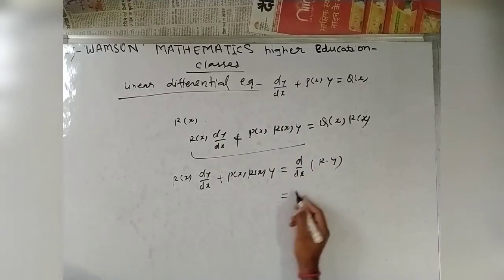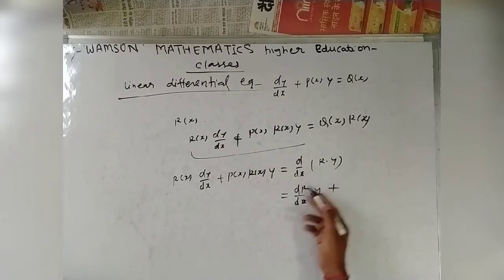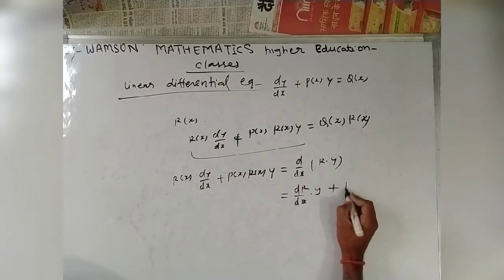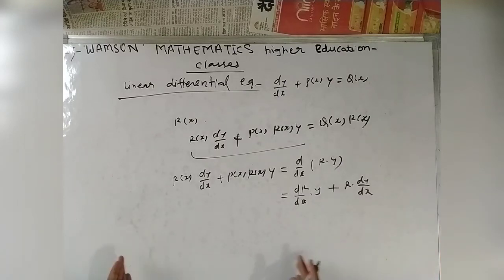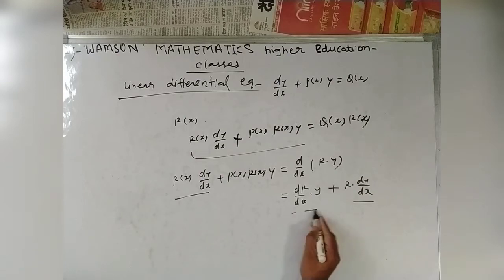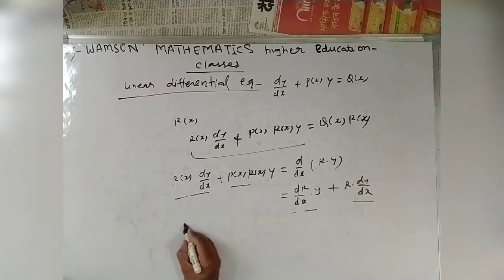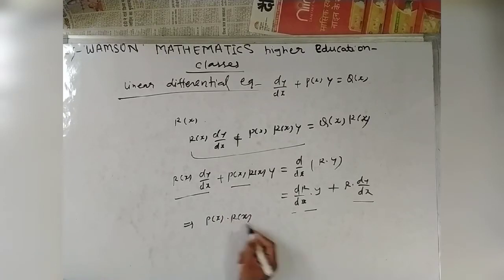Differentiating, this is dr by dx times y, and applying the chain rule, r times dy by dx. Comparing both sides, p of x into r of x is equal to dr by dx.